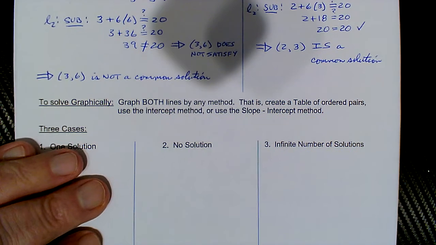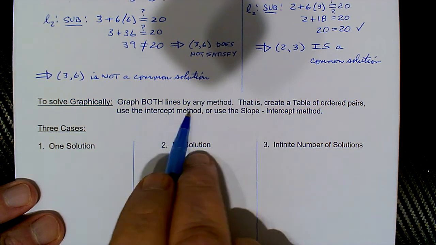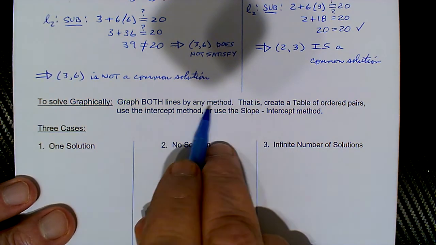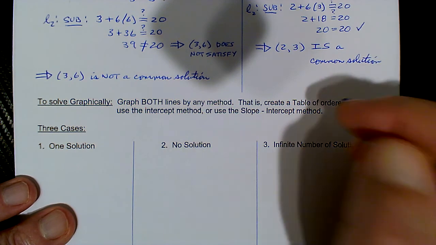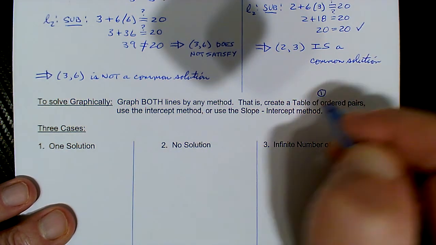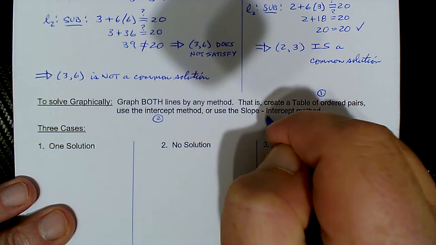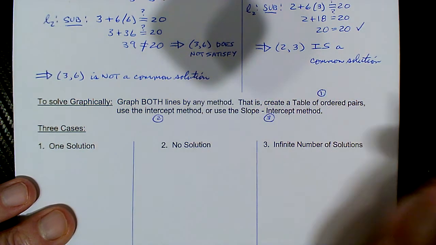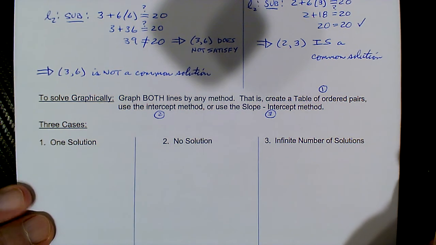Now, if we have to solve graphically, we can graph both lines on the same set of axes by any method we want. As we know, there are 3 ways to graph: table of ordered pairs, intercept method, or the slope-intercept method. And whichever one you want to use is fine. It doesn't matter.